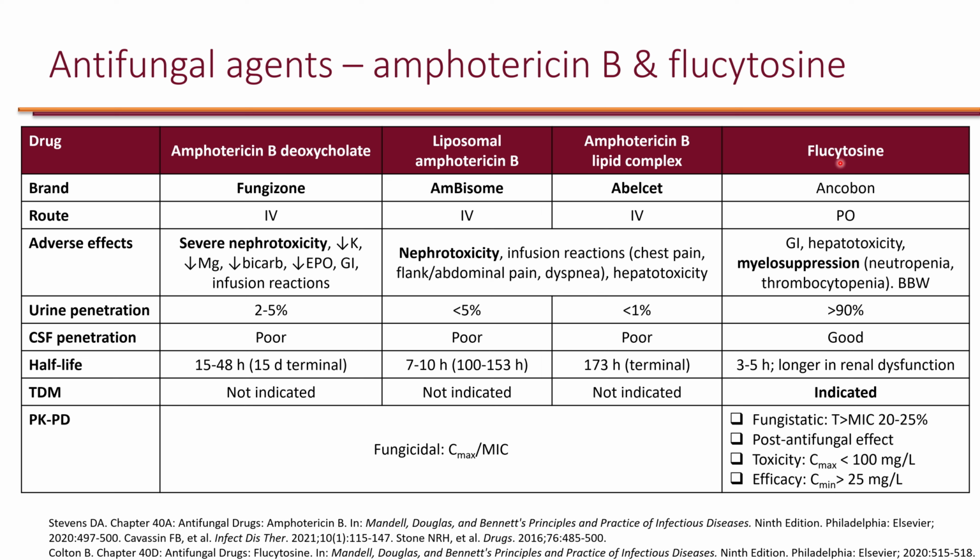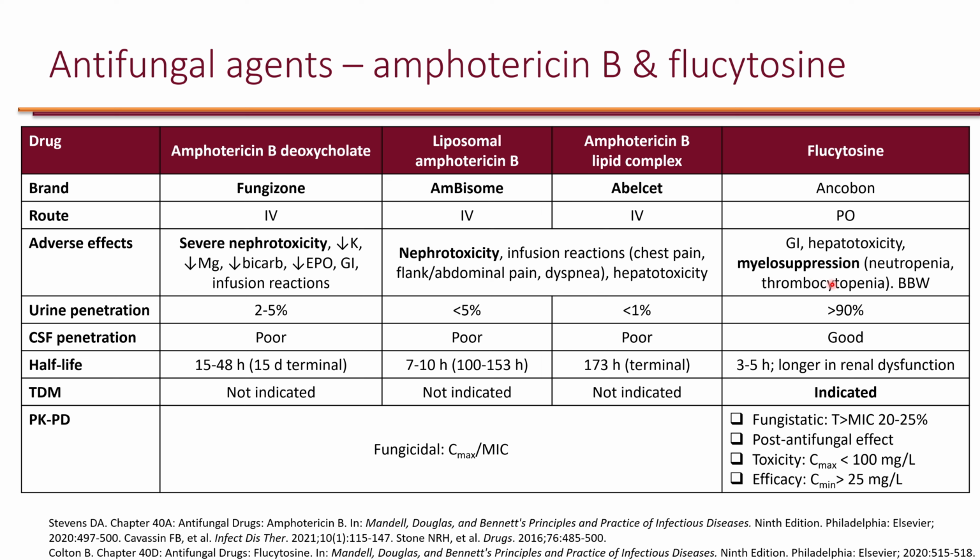And also, let's talk about flucytosine. Flucytosine is only available PO. It has a very short half-life, and it is dependent on renal function. It is very highly concentrated in the urine, and renal function is really important because this drug can also have severe adverse effects, including myelosuppression, so neutropenia and thrombocytopenia.